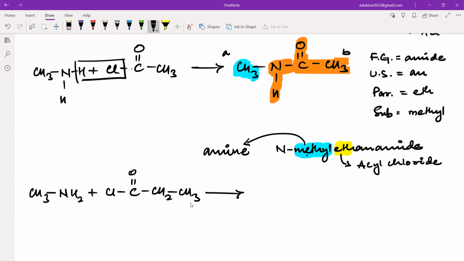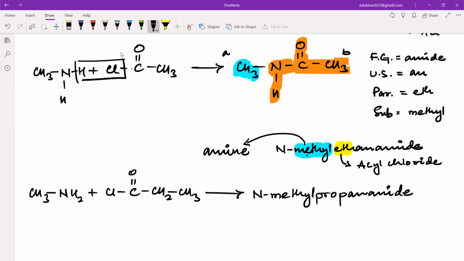How many carbons in the amine? 1. One carbon, right? So it will be N-methyl. Now tell me how many carbon atoms are there in the acyl chloride? 3. That means prop. So propanamide.